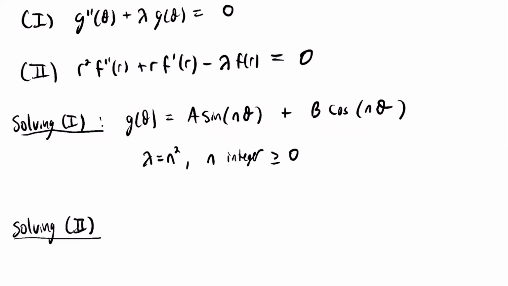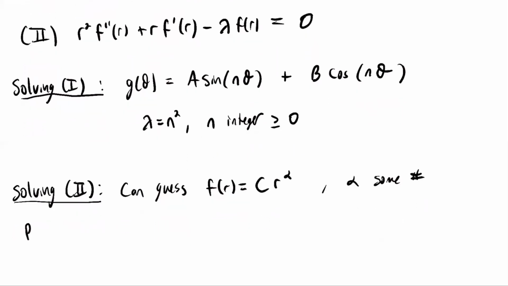One way to solve this particular type of ordinary differential equation, if you think back to earlier classes, is to guess that the solution is given by some power of r. So let's guess that f of r is some number c times r to the alpha, where alpha is some number. Let's plug this into the equation and see if we can determine what alpha has to be.